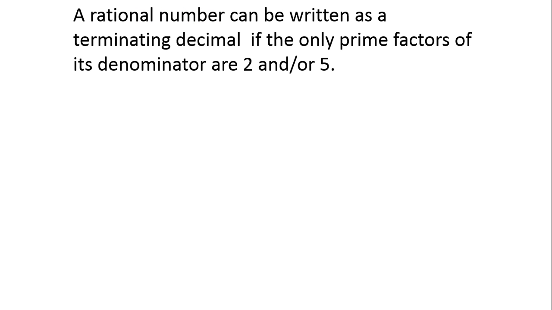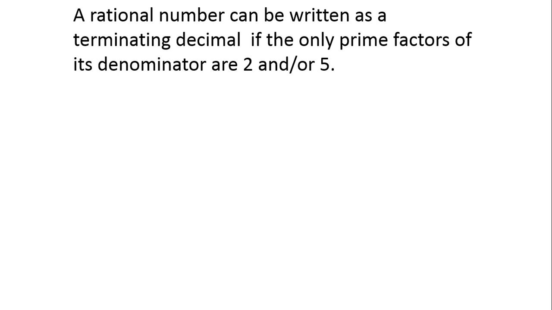Now when we look at a fraction, we said that we can write fractions as decimals. And if we look at a rational number, and we want to know if it can be written as a terminating decimal or a repeating decimal, then what we need to do is look at the factors of its denominator.